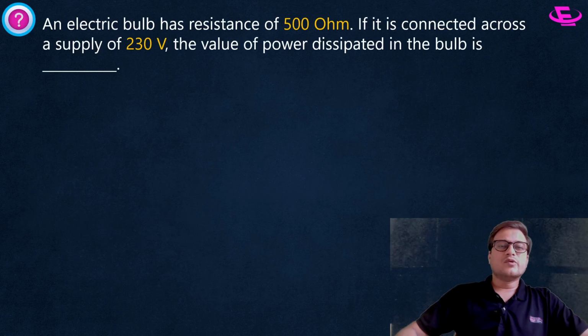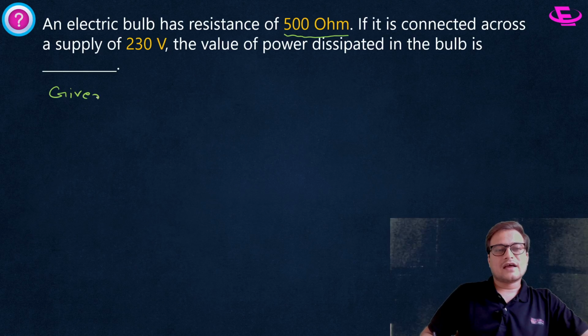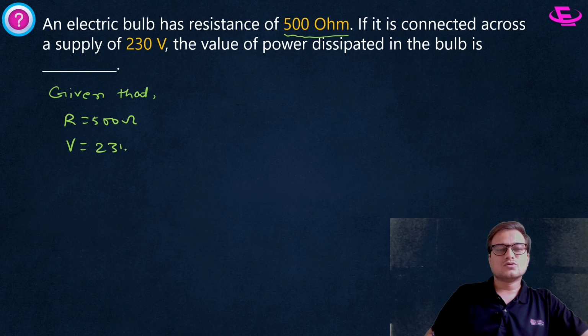Now let us move to a question. It is given that an electric bulb has a resistance of 500 ohm and is connected across a 230 volt supply. You have to calculate the power consumed in the bulb.